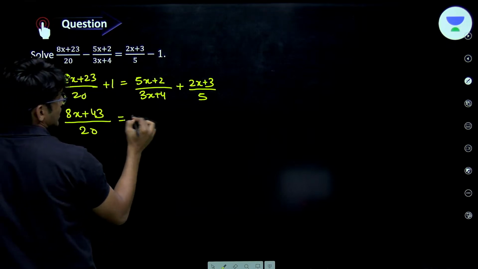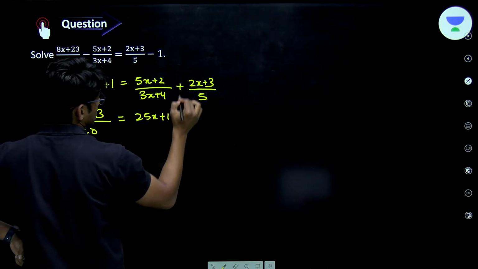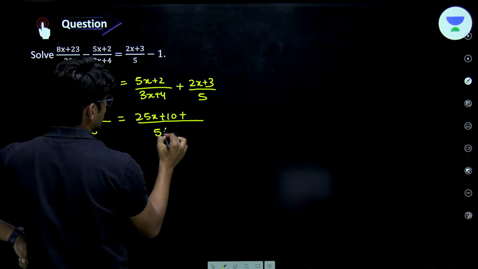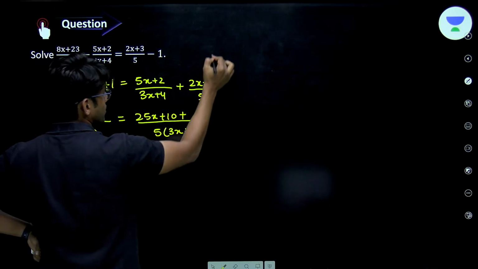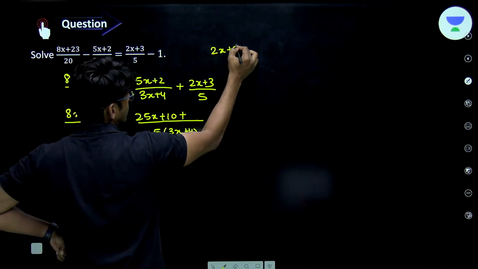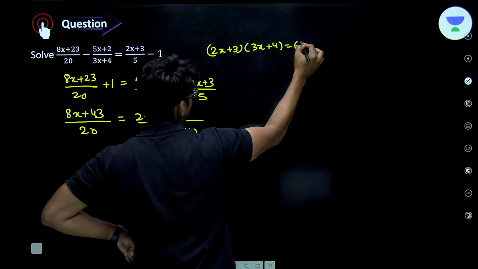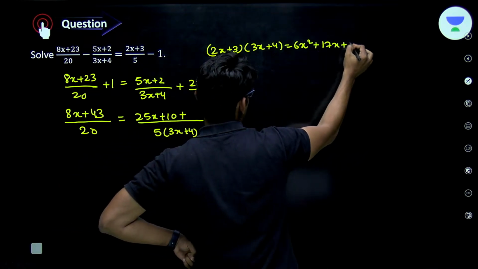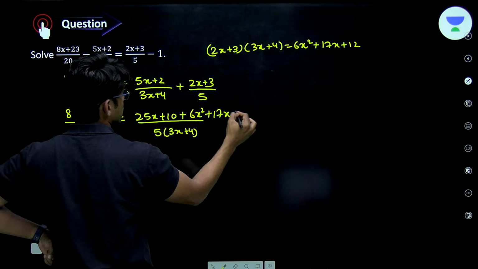If I take LCM, I will get 25x plus 10 plus this is the quadratic which I am getting, which is a problem for me. 3x plus 4 into 2x plus 3. I am just going to solve it in rough. This is 6x square plus 17x plus 12.